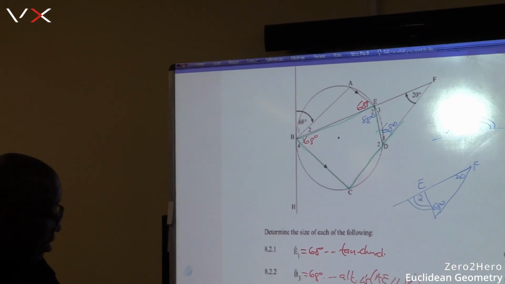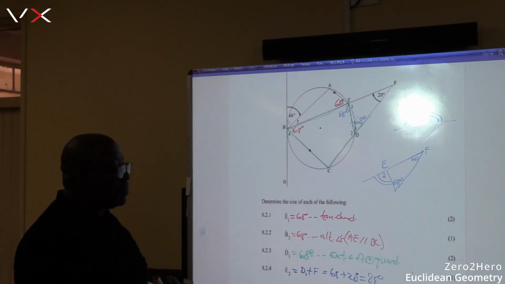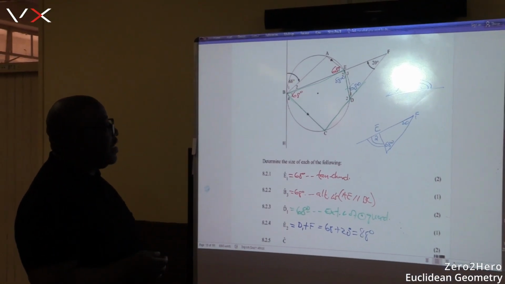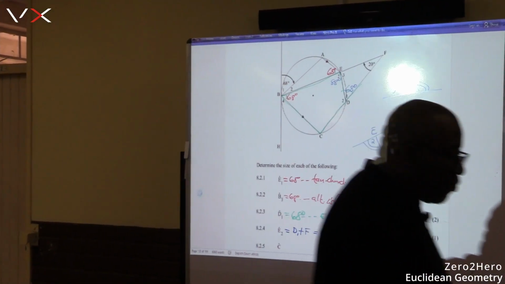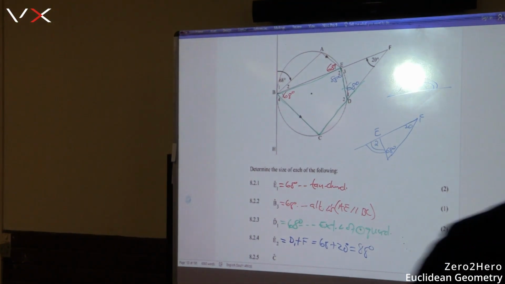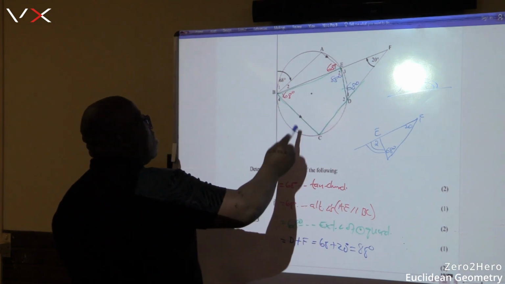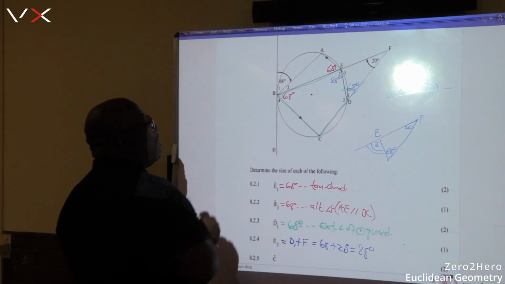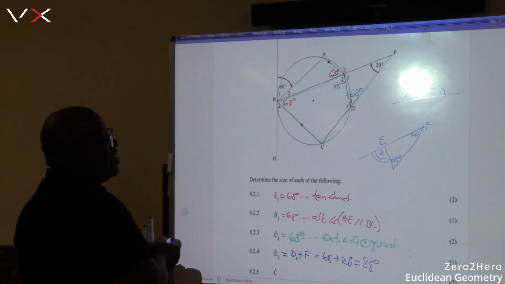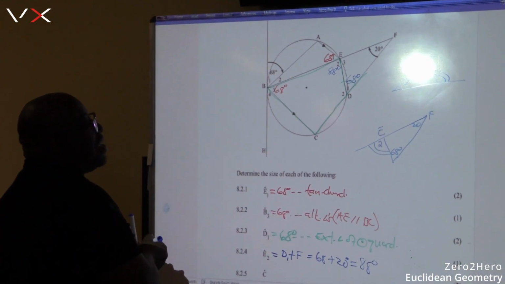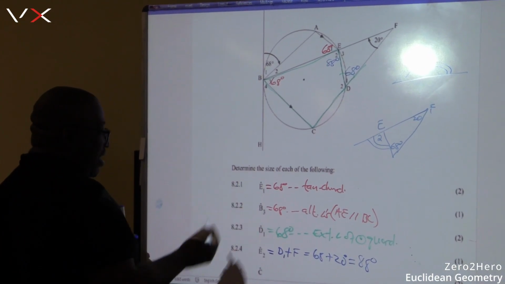The next question is looking for C. How do we go about finding C? Remember, in this particular case, there is a cyclic quadrilateral here, and we know that this angle plus this angle must give us 180 degrees. Hence, 88 plus C must give me that.